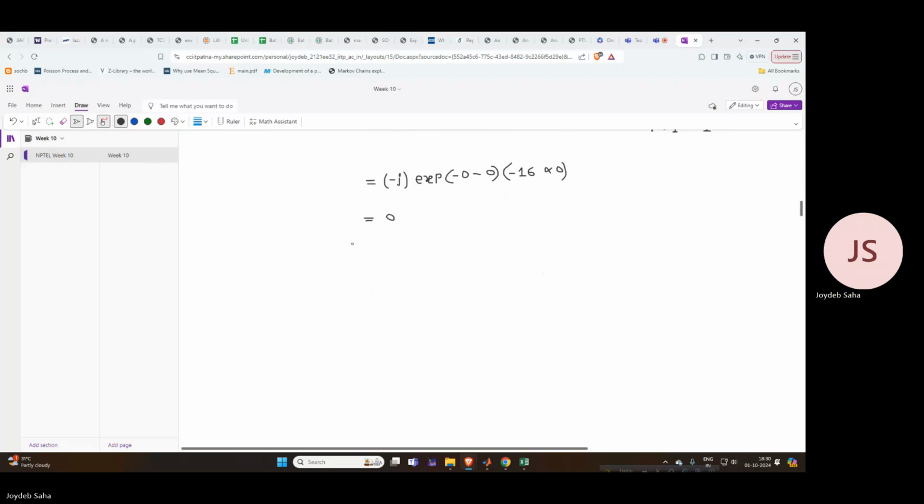So we are getting that expectation of x is equal to expectation of y is equal to 0.